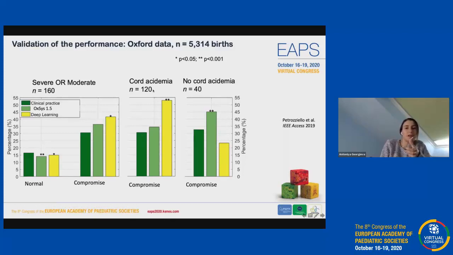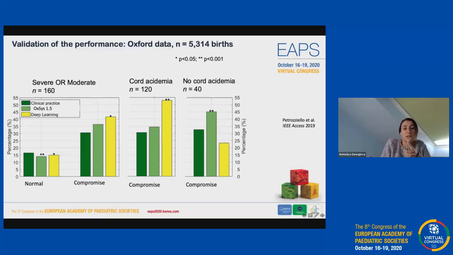The more interesting part here for the obstetricians and neonatologists in the audience is that if you split that compromised group into the ones who have acidemia and the ones who don't, the latter are of course the more heterogeneous, the more difficult babies to detect, with this definition of severe compromise where you may or may not have acidemia.